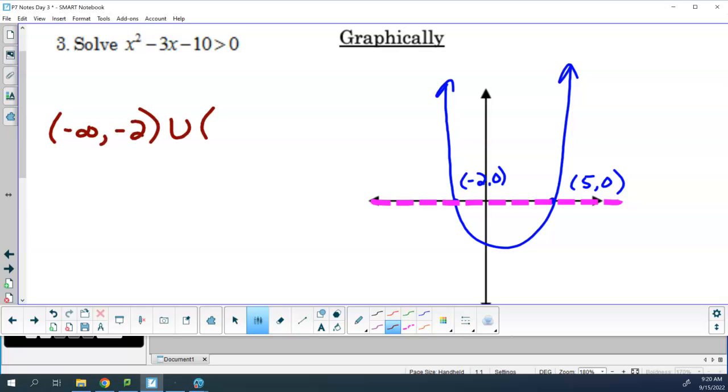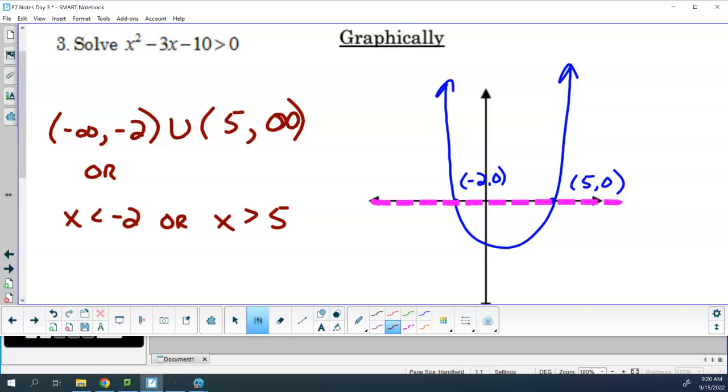And again, it would be from 5 to ∞. In an inequality, that would be x is less than -2 or x is greater than 5. Yes? Oops, that should have been an infinity. Good eyes. Is that better? 5.